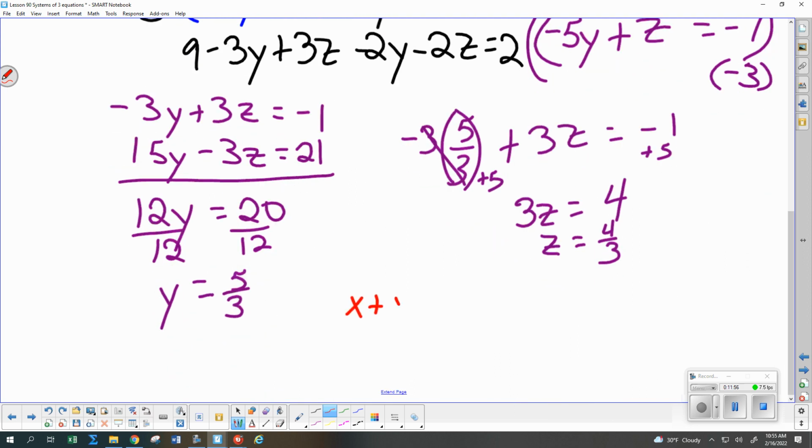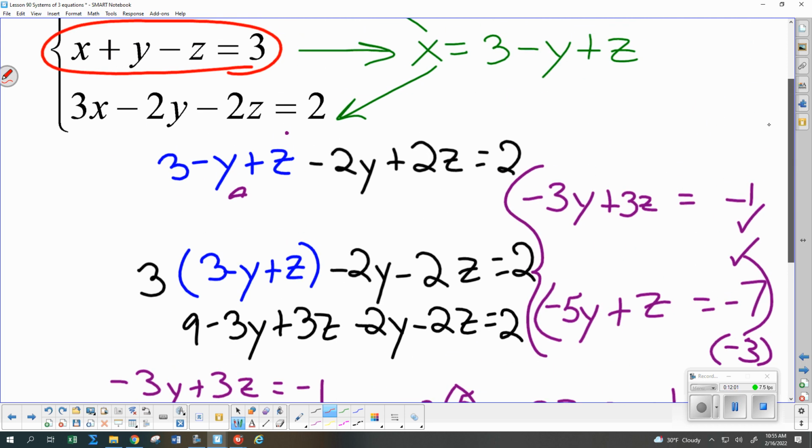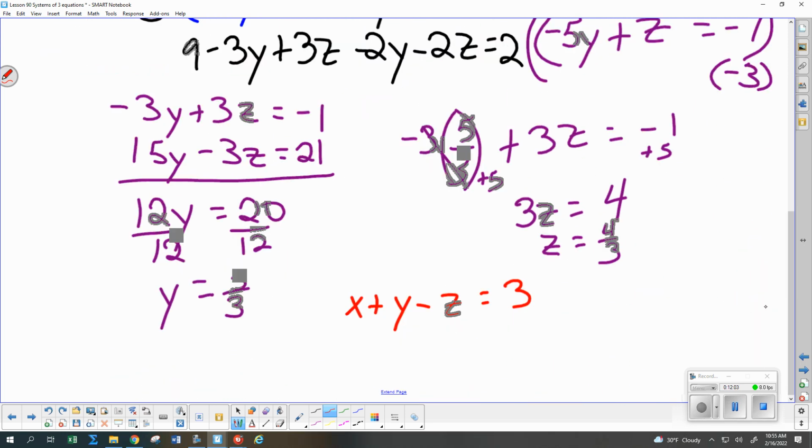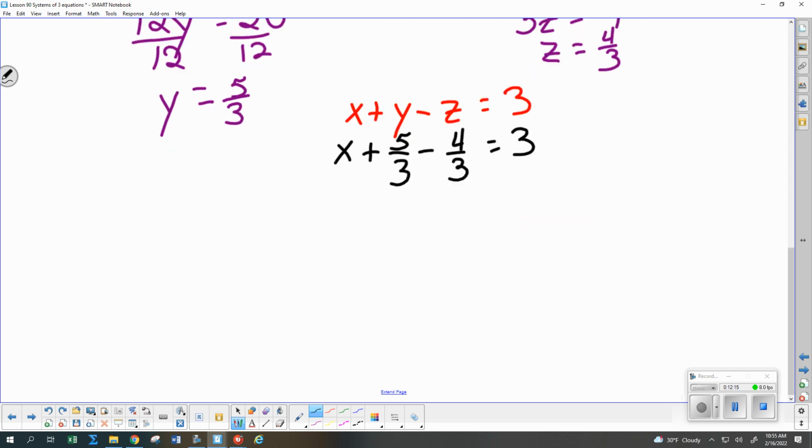We're going to put these numbers in for y and z. So y was 5/3. Z was 4/3. So let's see, I have x plus 1/3 is 3. So subtract 1/3 on both sides.